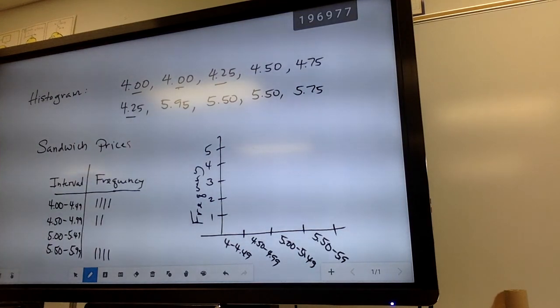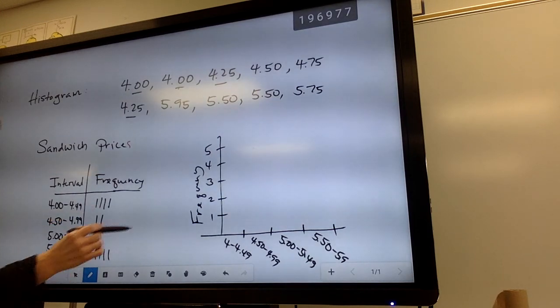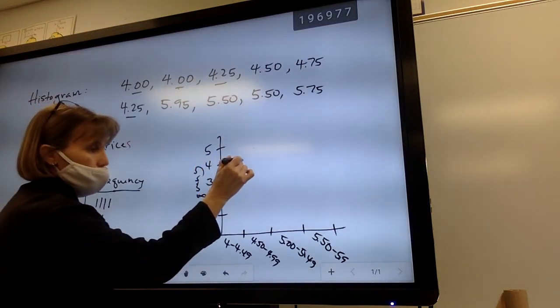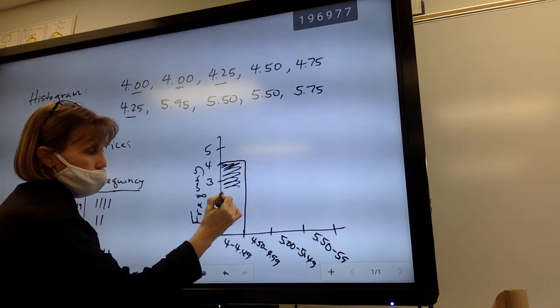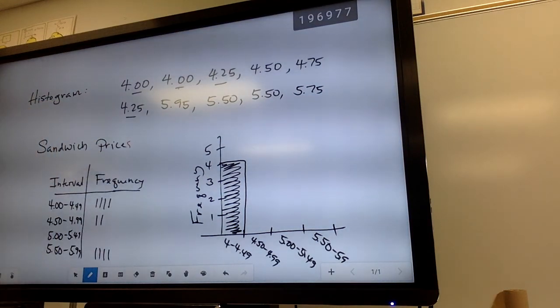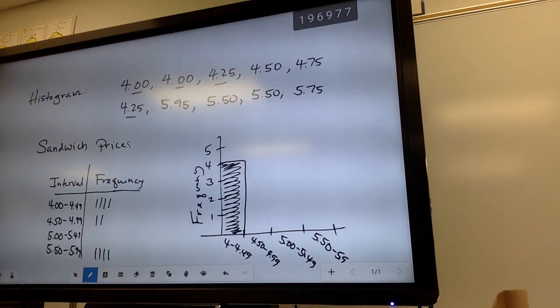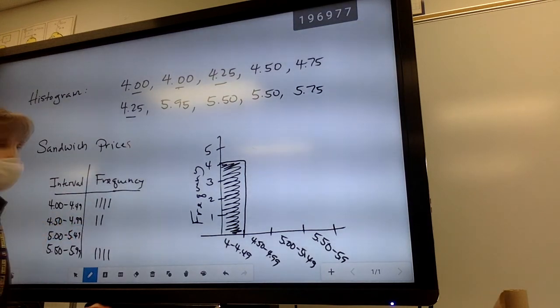And you make bars. So that first interval had 4, goes up to 4. So it's going to be all the way, and you're going to shade this in. The second interval frequency was only up to 2.